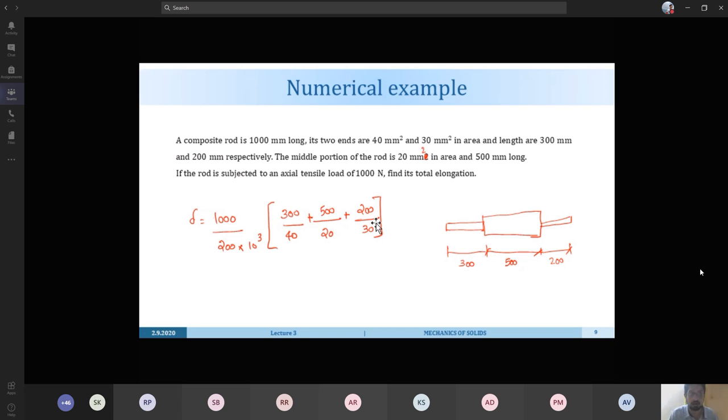How much is the value you are getting? E is given, you can assume 200 GPa. Can someone tell the answer?